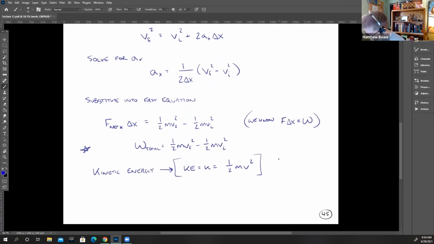And I'll say at the bottom, we have this relationship between work and kinetic energy. So we have the work kinetic energy theorem.